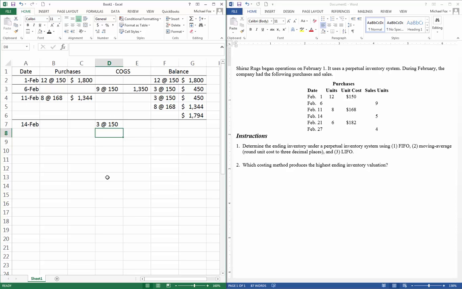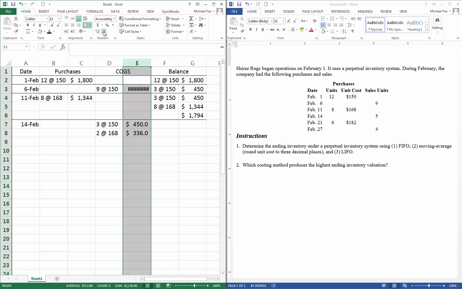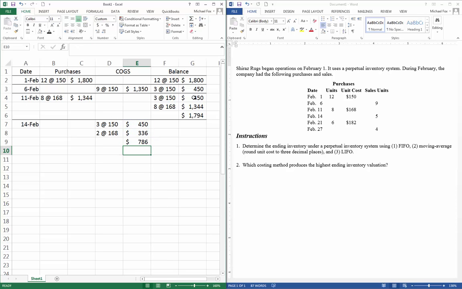That's all of them that we have at $150, plus 2 more that had a cost of $168. So our total cost of goods sold for that sale, $786. And then our balance, we no longer have any units that we paid $150 for, so we're going to have our remaining 6 units that we paid $168 for.